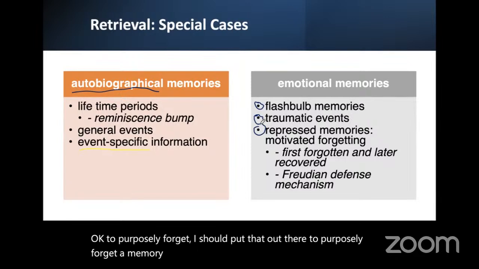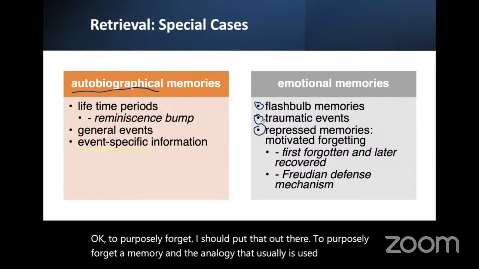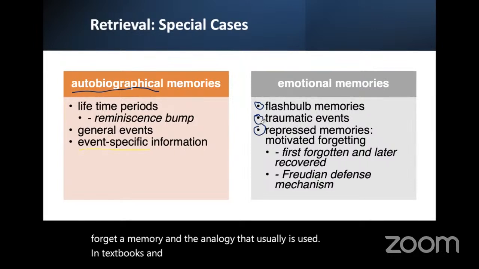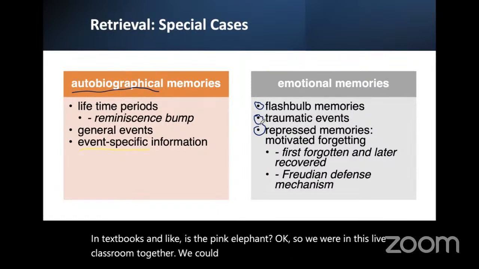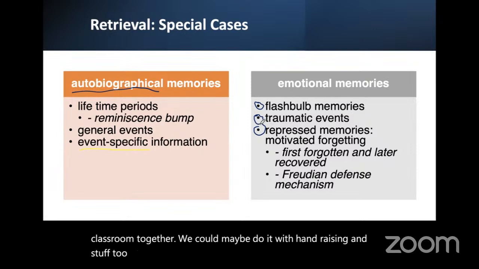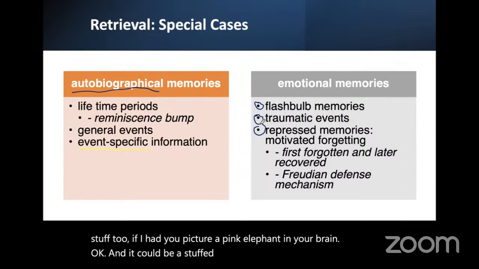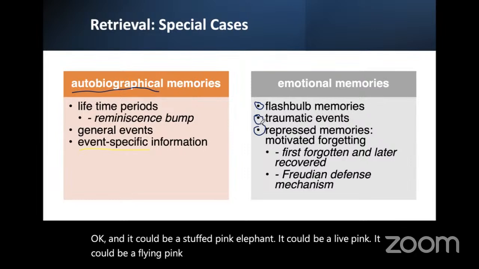And the analogy that is usually used in textbooks is the pink elephant. Okay, so if we were in this live classroom together, we could maybe do it with hand raising too. If I had you picture a pink elephant in your brain, and it could be a stuffed pink elephant, it could be a live pink elephant, it could be a flying pink elephant, just a pink elephant.